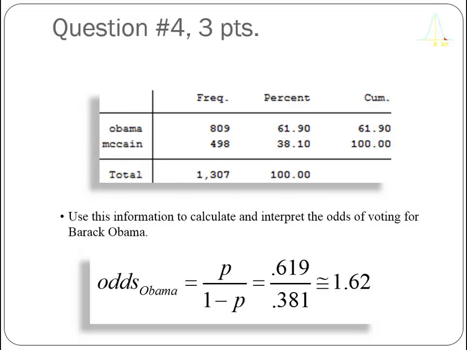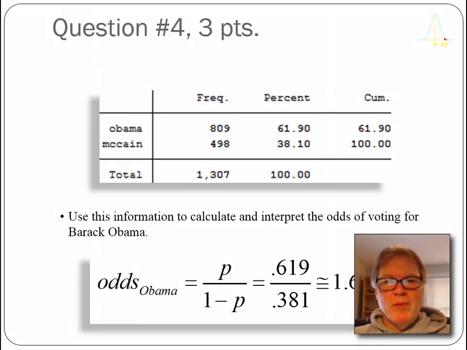Therefore, the probability of not voting for Obama or voting for McCain is 0.381, and the ratio of those two values is 1.62, giving us an odds of voting for Obama of 1.62 to 1. And that tells us for approximately every 2.6 people, 1.6 of them voted for Obama.